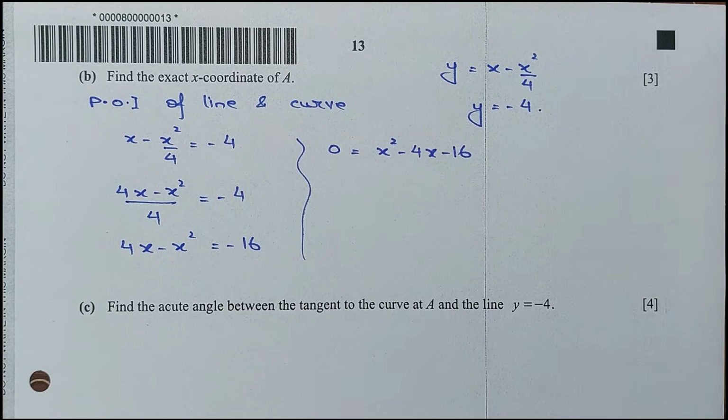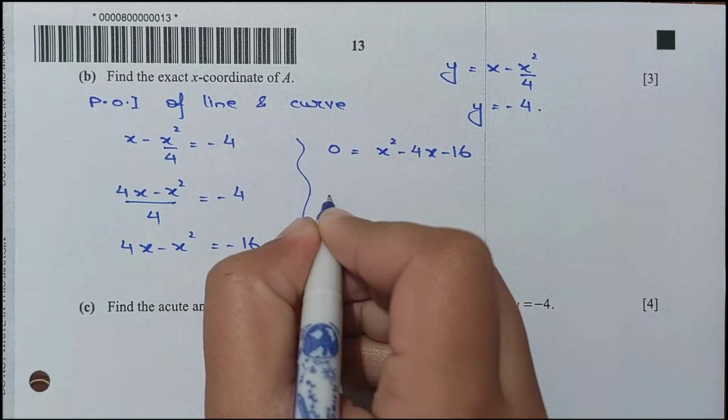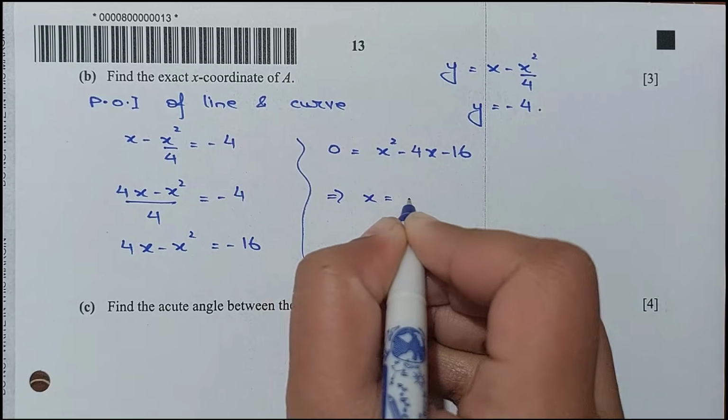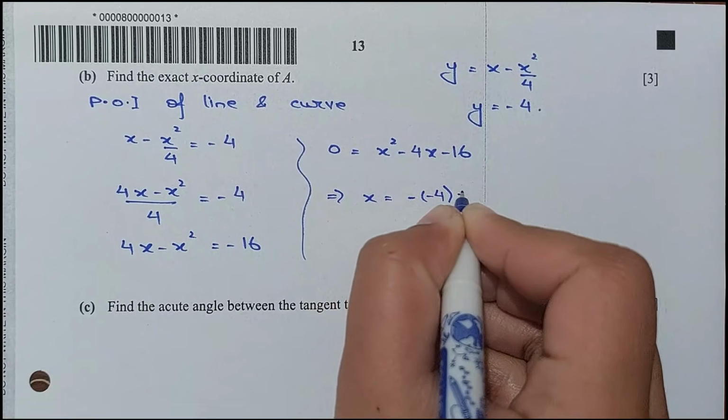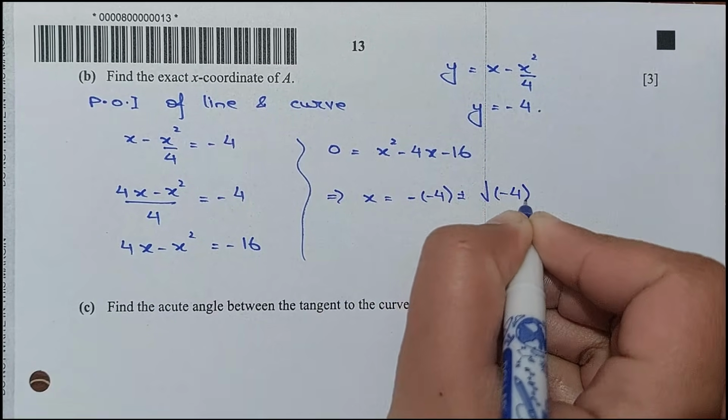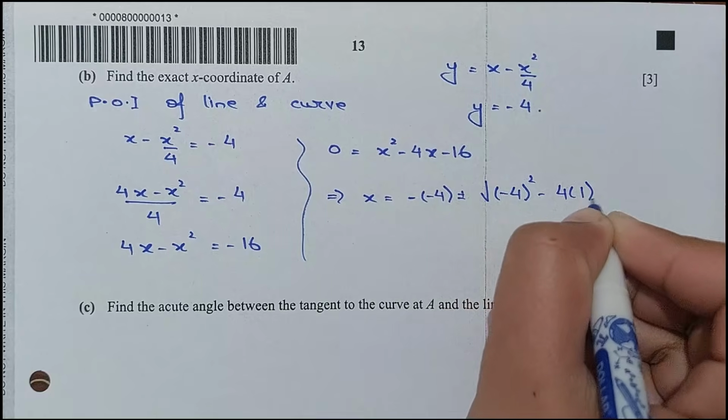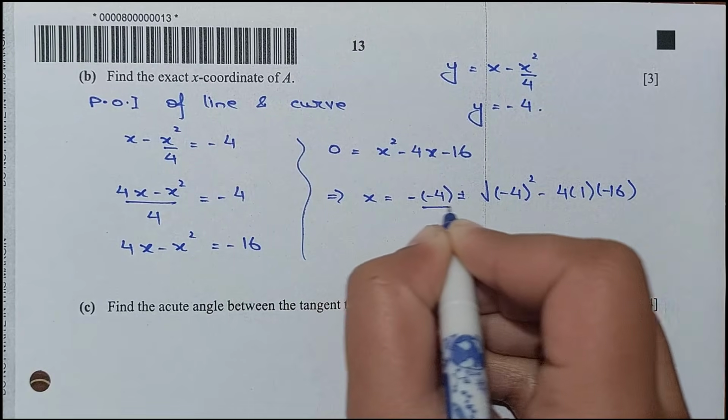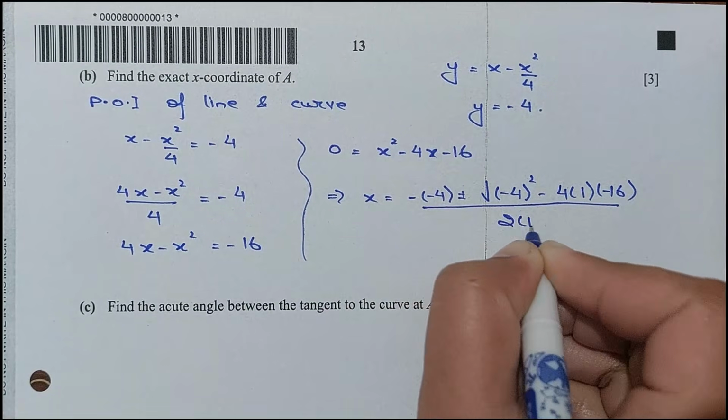Okay, let me apply the quadratic formula over here. So x is equal to negative of the b value plus minus square root of b value square minus 4 times the a value and the c value, divided by 2 times the a.